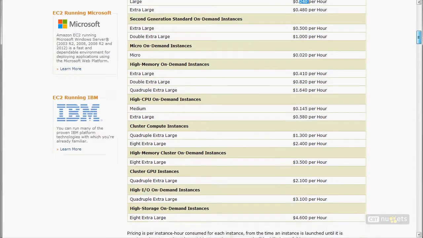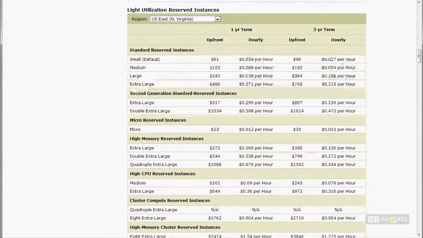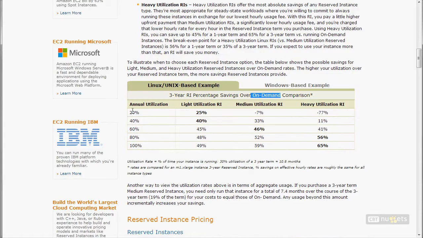So essentially, you're getting an hourly rate of less than half of what you would pay with on demand in exchange for that $384. But what they're saying is, if you, for instance, use that 20% of the time, you're getting a cost savings of 25%. If you run that server 40% of the time, you're getting a cost savings of 40% versus on-demand pricing.